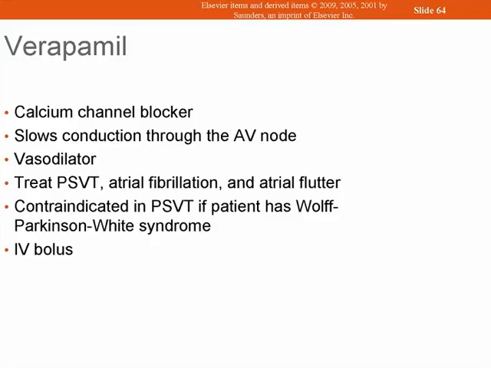It is contraindicated in PSVT in WPW, Wolff-Parkinson-White syndrome, and I need you to be familiar with what WPW is and what it looks like. Verapamil is given IV bolus. Okay? When I say IV bolus, I mean like push it in like water. Very quick.